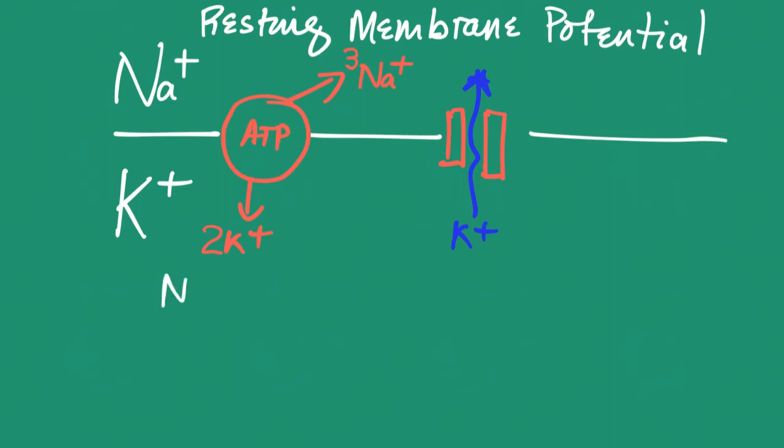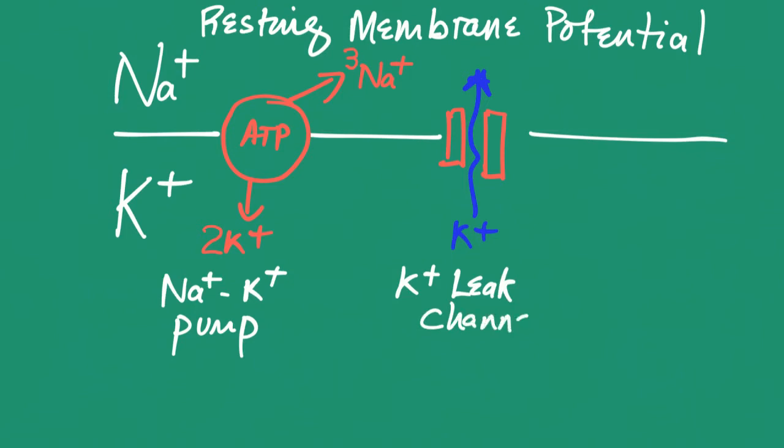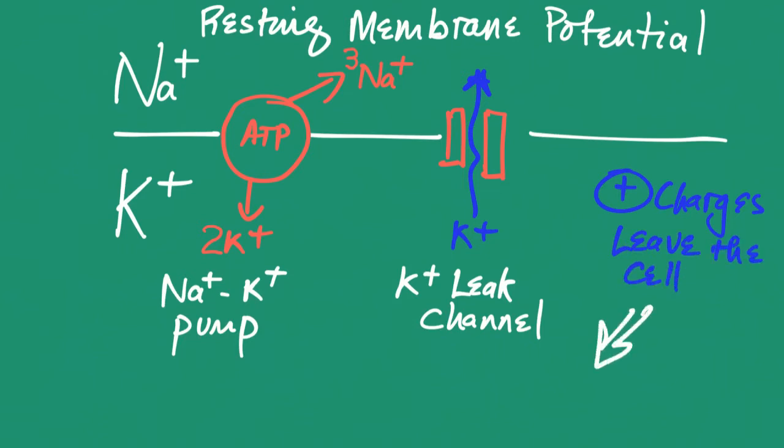So we have 3 sodiums and 2 potassiums going out, and we have potassium leaking out. All of these are positively charged ions. So the net result is that more positive charges leave the axon, and so the inside ends up being negative.